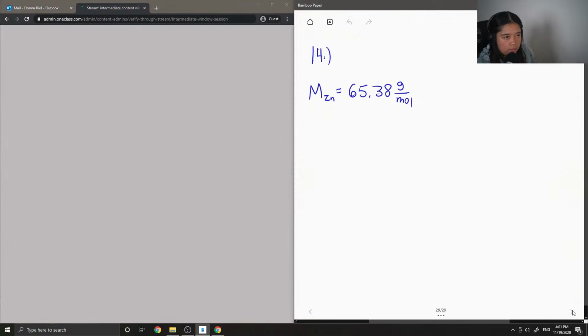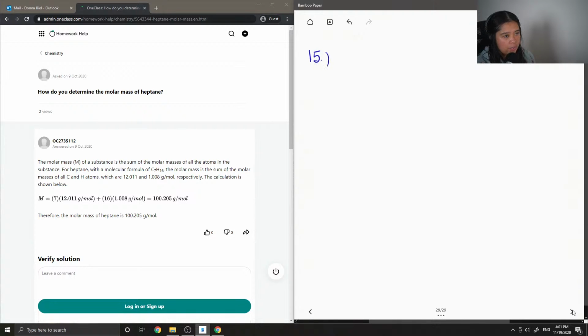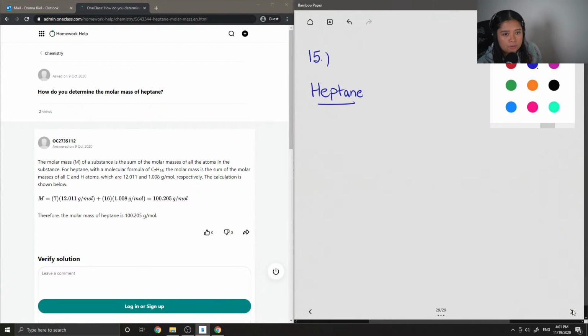Okay, so now we are moving on to question 15. How do you determine the molar mass of heptane? Okay, so let's pretend like we don't know the chemical formula for heptane. So let's try to analyze the name.